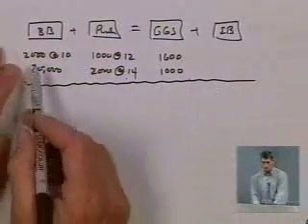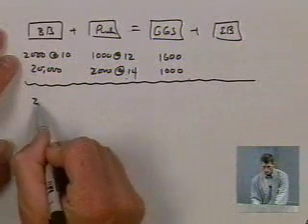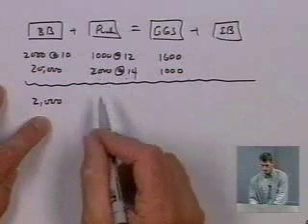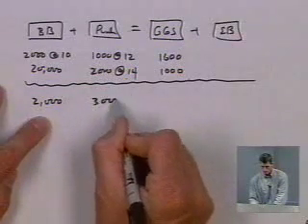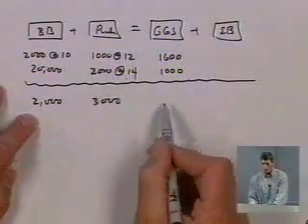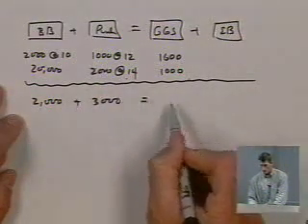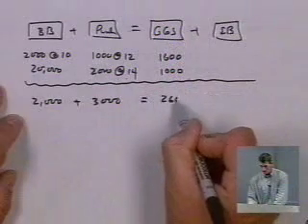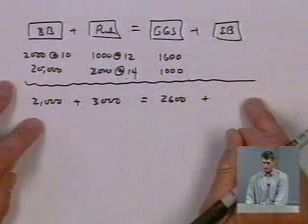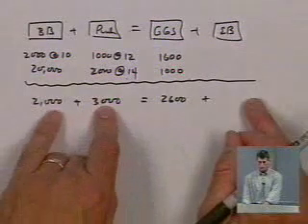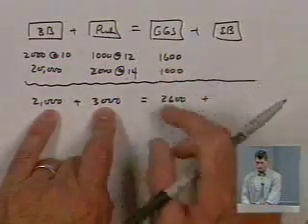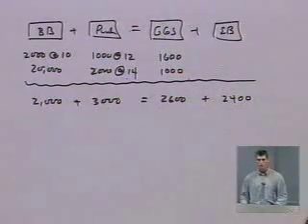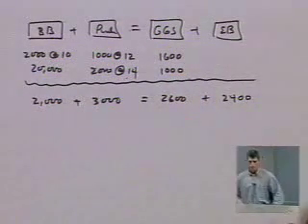In terms of units, we had a beginning balance of 2,000 units. Then we increased another 3,000 units, 1,000 plus 2,000. That's equal to the amount that went out the door, in this case 2,600, plus the ending balance. Well, 5,000 which was available, less the 2,600 that they sold, gives them 2,400 units left over. And hopefully that makes sense.